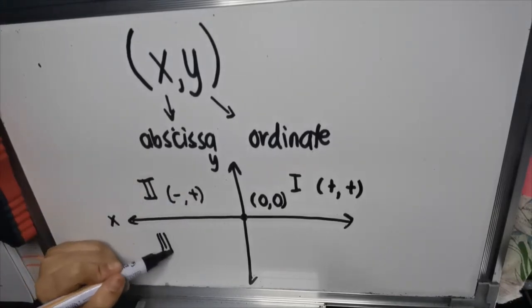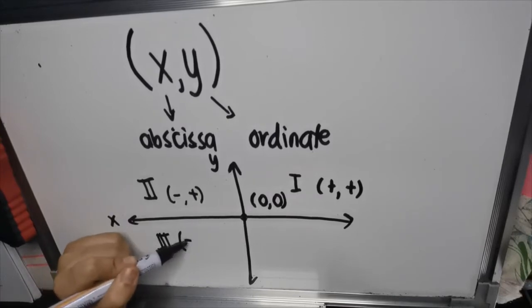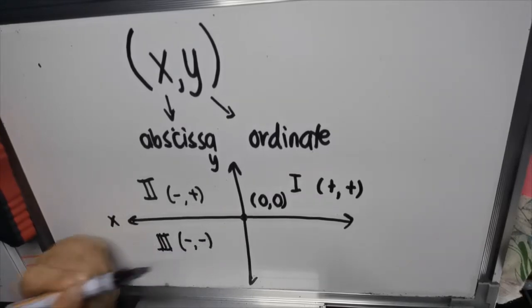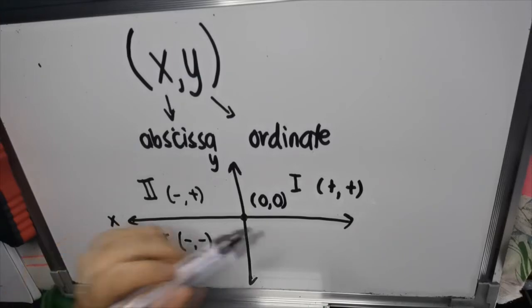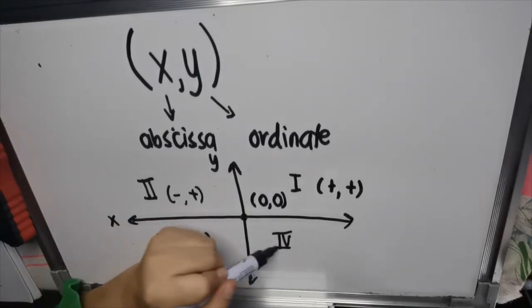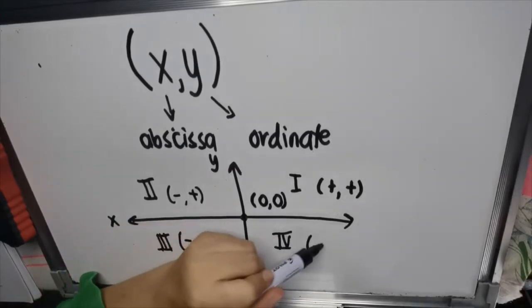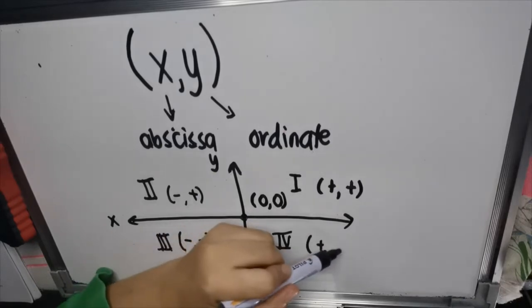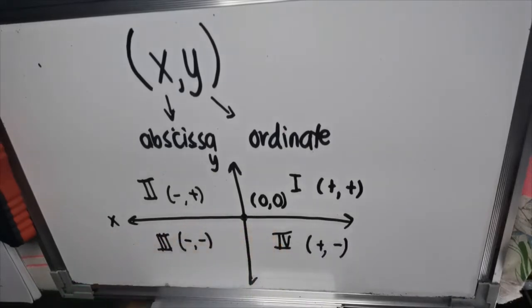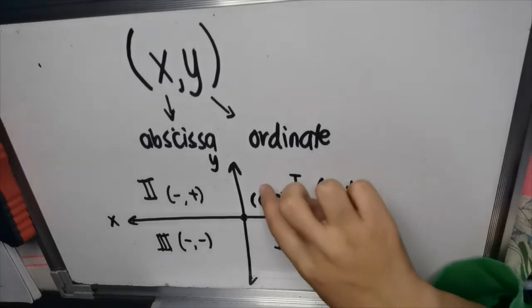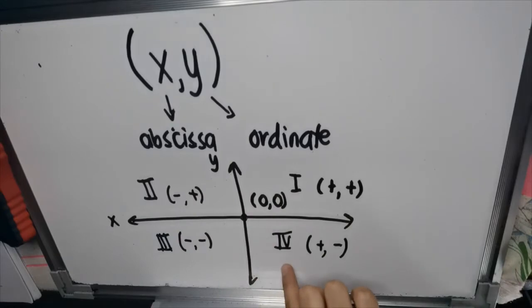Sa quadrant 3, both coordinates are negative. And then sa quadrant 4, yung x natin is positive, while yung y natin is negative. Okay? So, yan yung mga signs ng ating mga coordinates at kung paano siya hanapin or ilolocate sa ating Cartesian plane. So, ito yung quadrant 1, 2, 3, and 4.